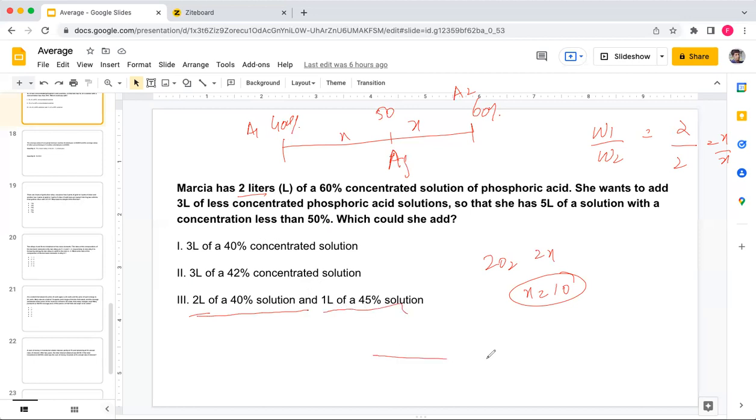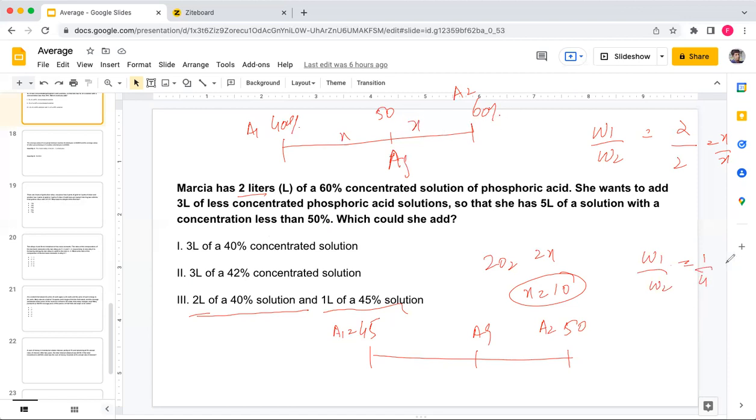Now let's move to the other. This is 45%, and we already got a solution of 50%. And what will be the average now? If this is A1, this is A2, so W1 over W2. What is W1 now? That is 1 liter. And what is W2? That is 2 plus 2, 4 liters, which we already did, right?